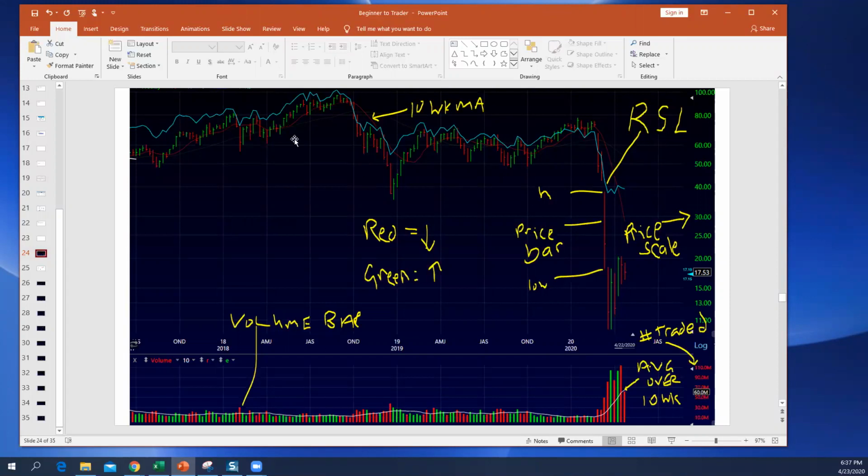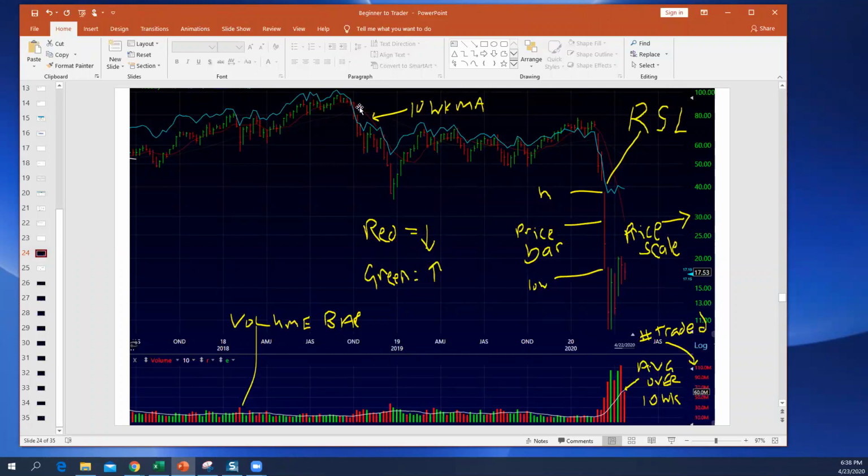What's important with this one is the slope of it. So if the slope is down, like in this instance here, or even if you take it from the high point, it's moving down, the general slope is down, that means this stock is underperforming the broad market. And the broad market is measured by the S&P 500 index, which is a basket of 500 stocks.